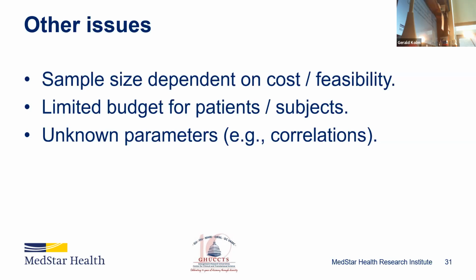So usually when I do power and sample size estimates, I'll start out by asking, how many patients can you afford? In other words, what's the upper limit on the sample size here? And then, as I mentioned before, there are some unknown parameters like correlations that go into calculating sample size that we might not know, but there are ways of handling that.